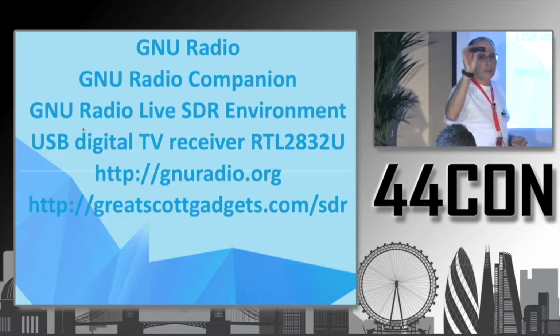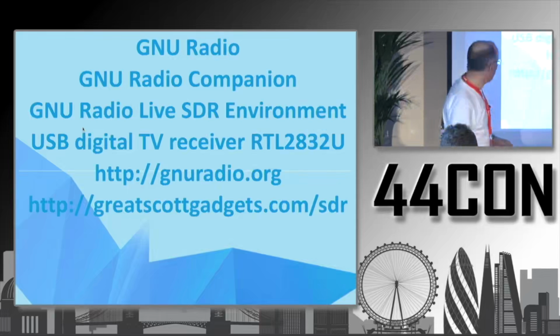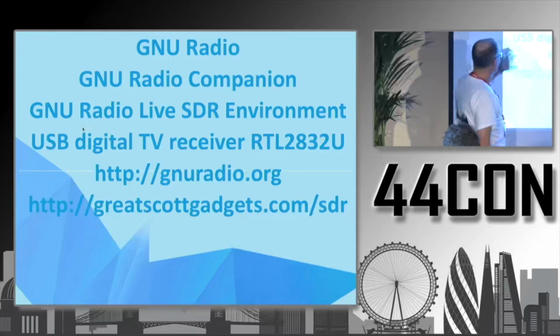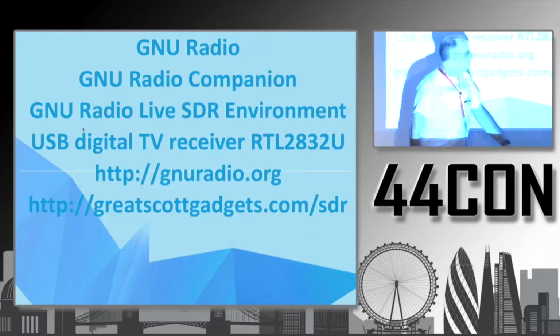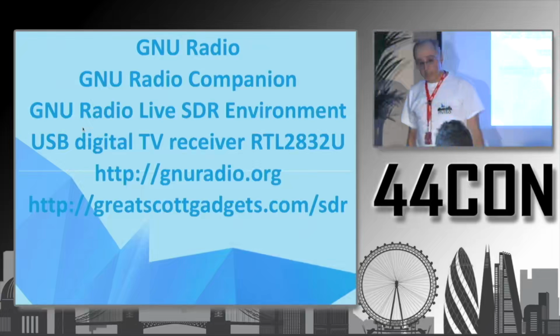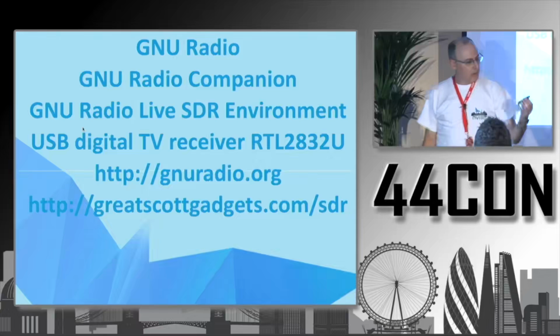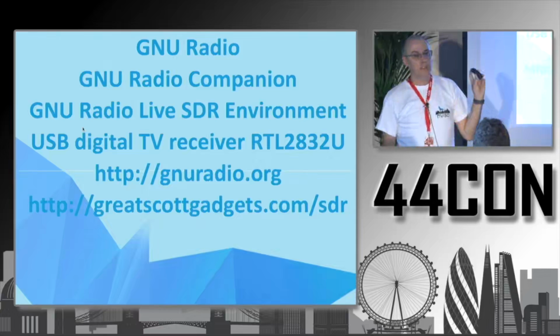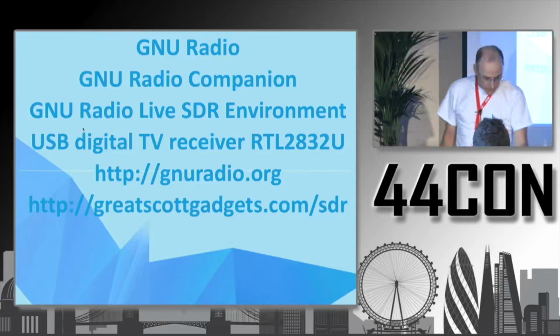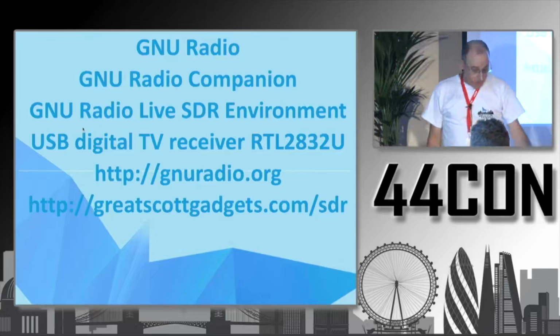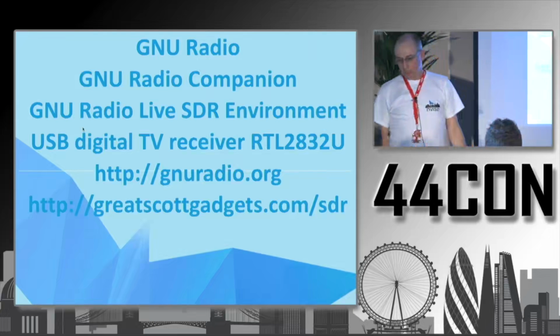So the dongle you got here is this one, USB digital TV receiver RTL2832U. That is one of those USB dongles that you can use just to watch digital TV on your laptop. It comes with software so that you can watch digital TV on your laptop.